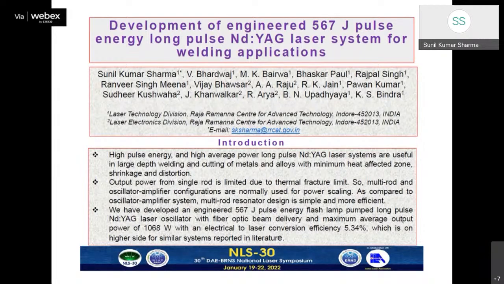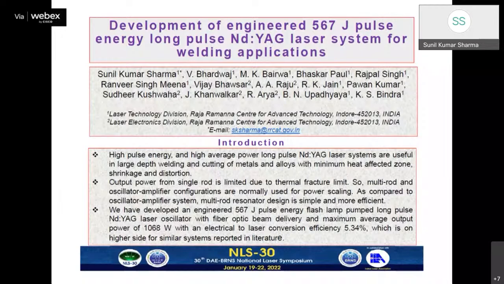In this system, we have used a multi-rod linear resonator because for power scalability, a single rod is limited by the thermal fracture limit. So we have used multi-rod, and the multi-rod design is also very simple and more efficient.